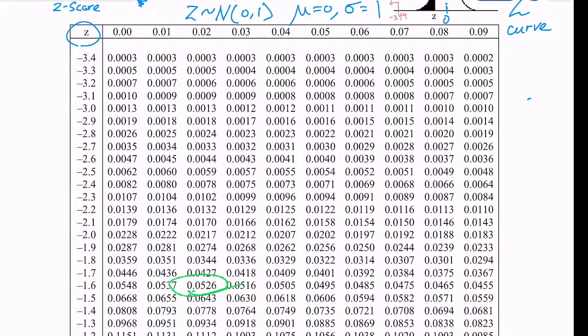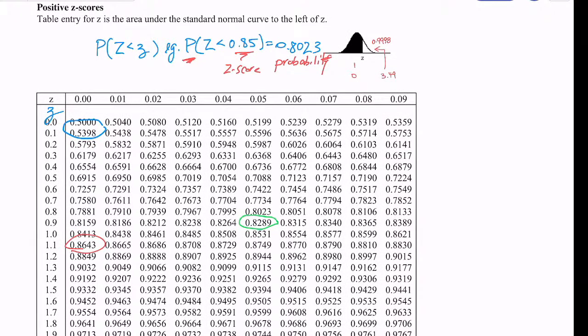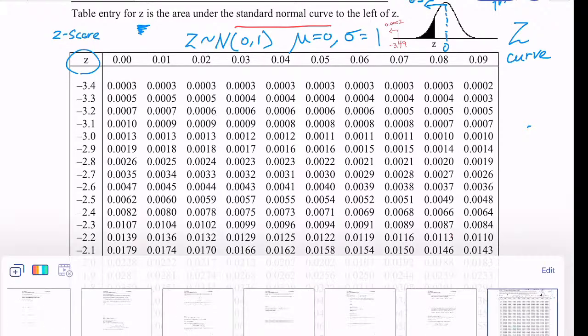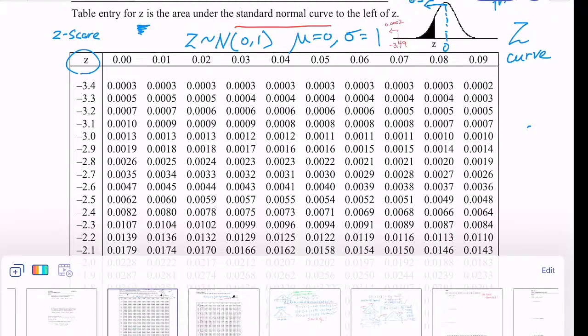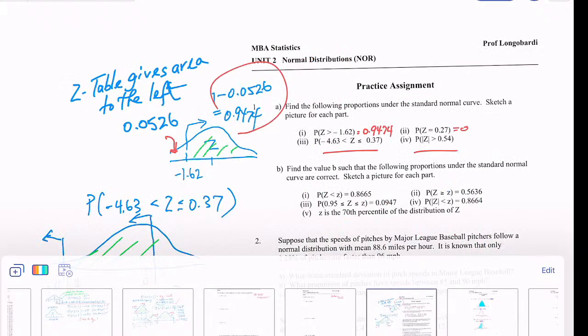Remember, the positive table goes as high as 3.49 and as low as negative 3.49. So 4 is much further left. If I was to sketch that, what was the number again? 4.63.